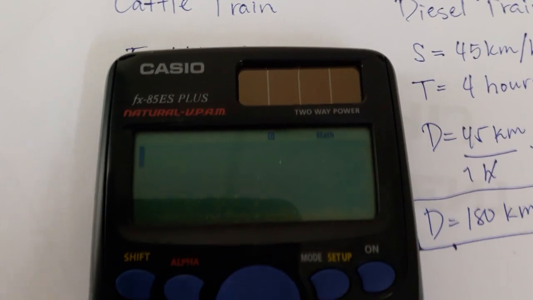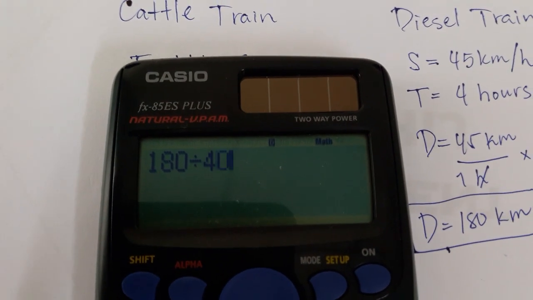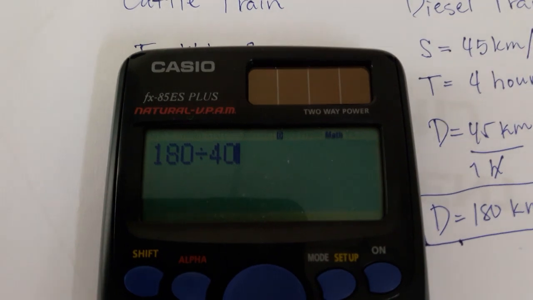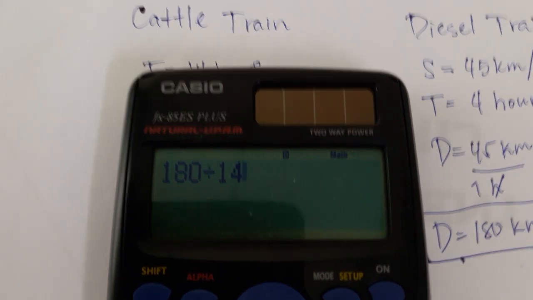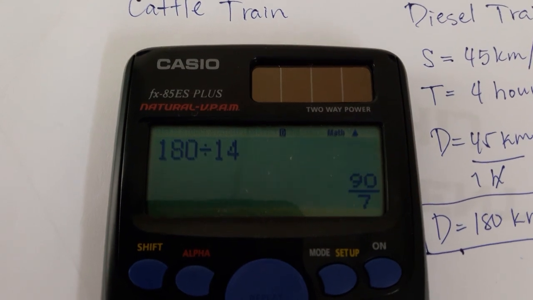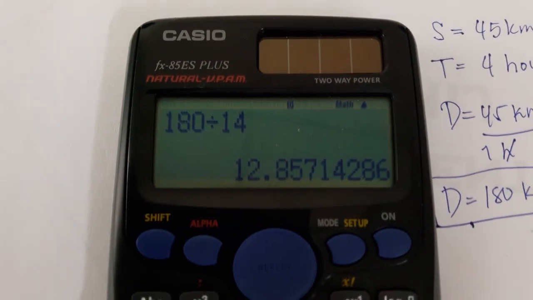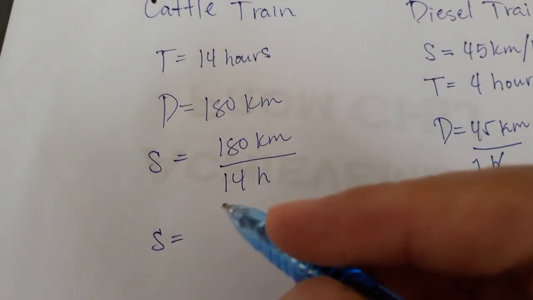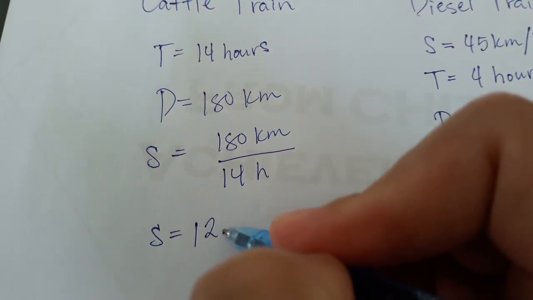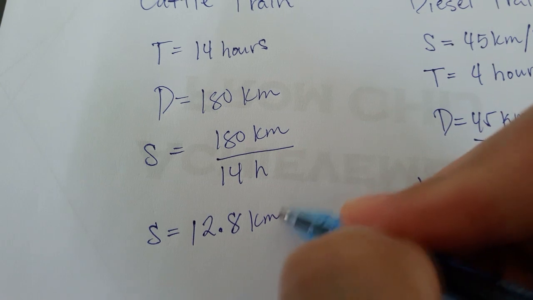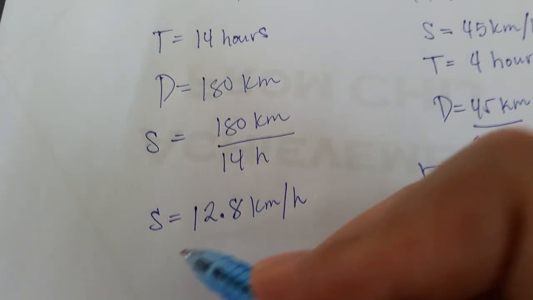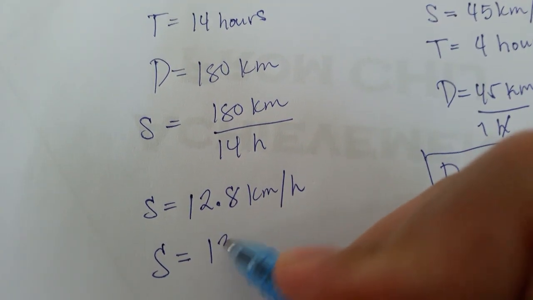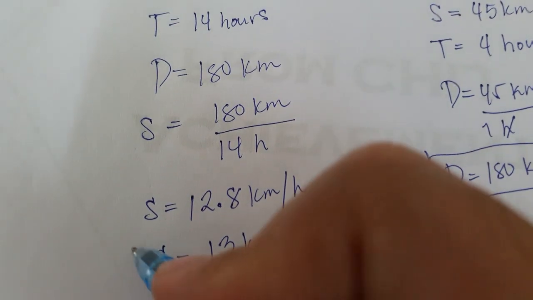So 180 divided by 14. So 12.8 kilometers per hour, or we can round it off to a whole number, which is 13 kilometers per hour.